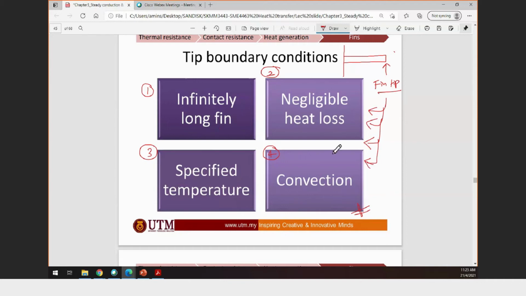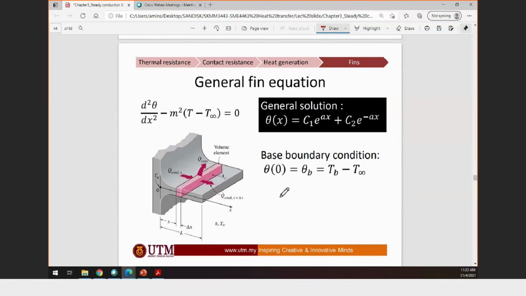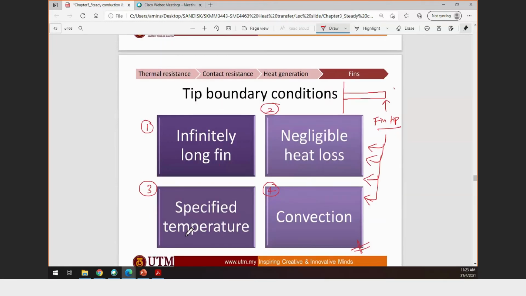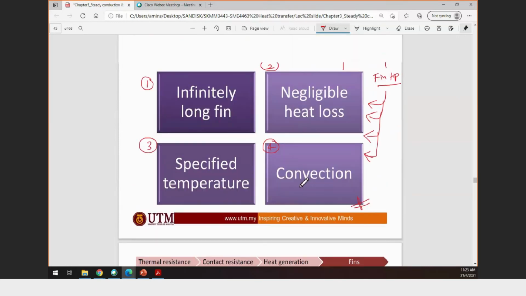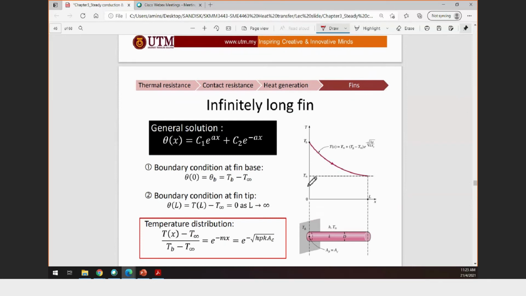Using the general fin equation and either one of these boundary conditions, you need to produce the temperature distribution equation and the heat transfer rate equation. Okay, let's go one by one.